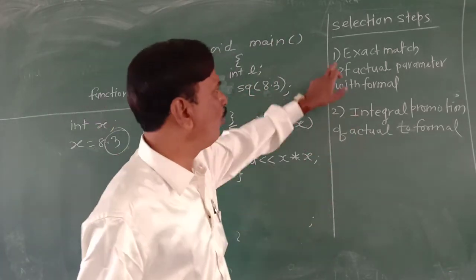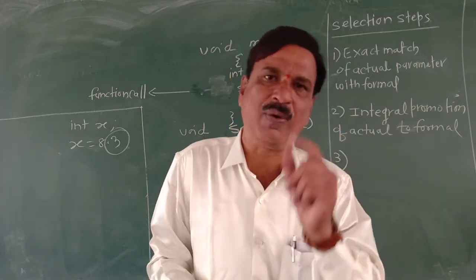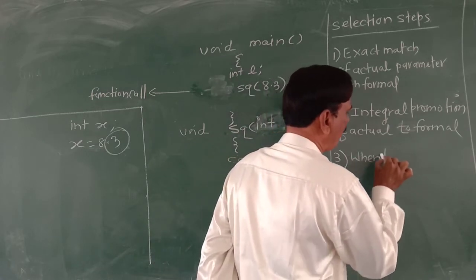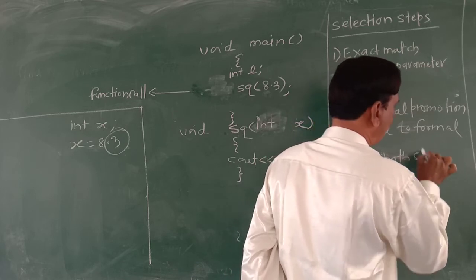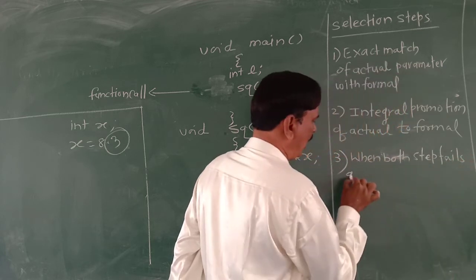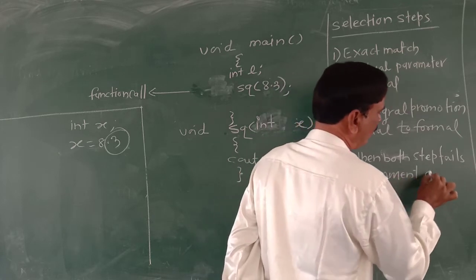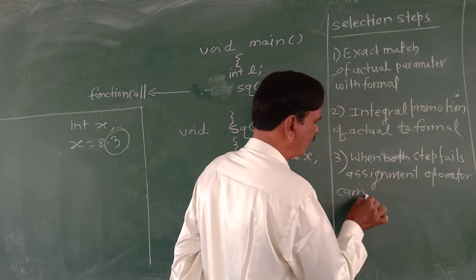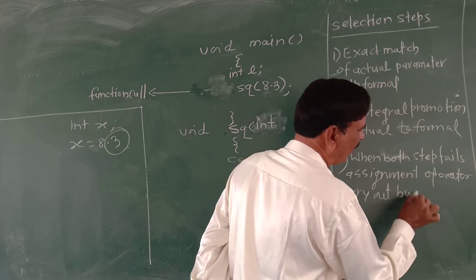So when both steps fail, third, the assignment operator has carried out the conversion, that is called a built-in conversion. When both steps fail, the assignment operator carries out built-in conversion.